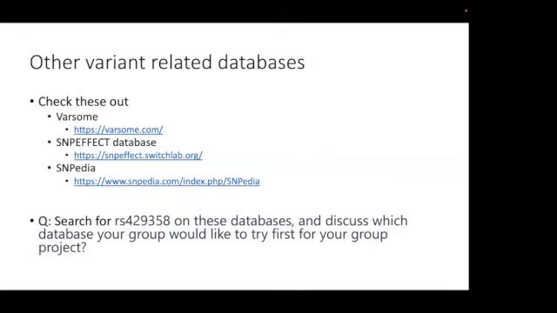Can you try to search the RS number that you just searched in dbSNP in each database? And then your group is going to study the role of your SNP. Which database would you prefer to get started with? Why don't you try now?